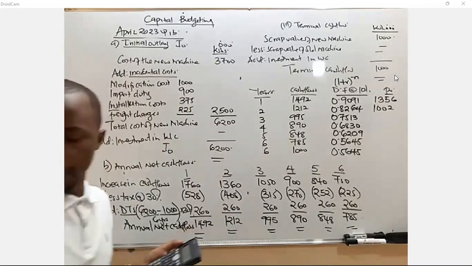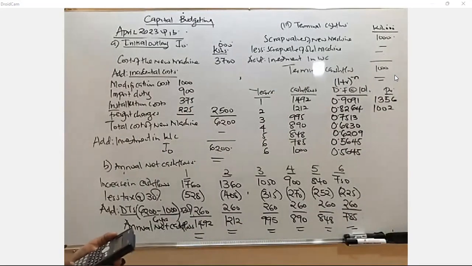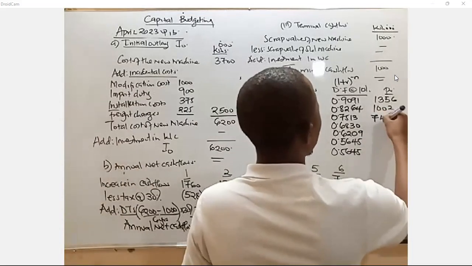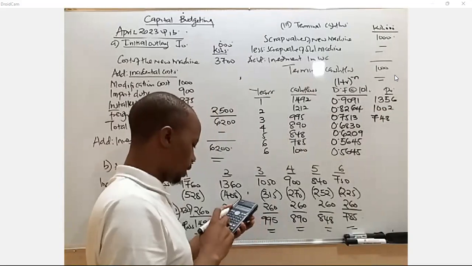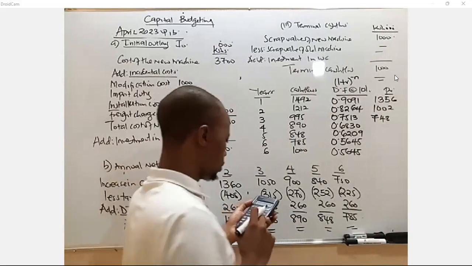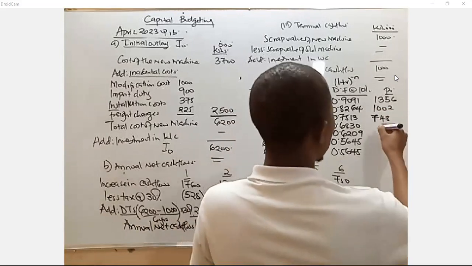The other one will be 995 times 0.7513, getting 748. The other one will be 890 times 0.6830, getting 608.